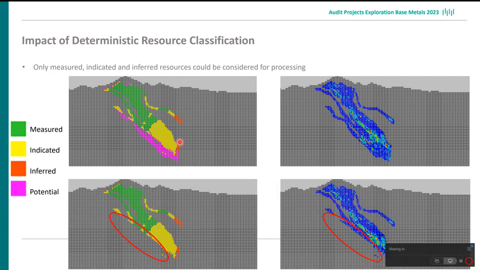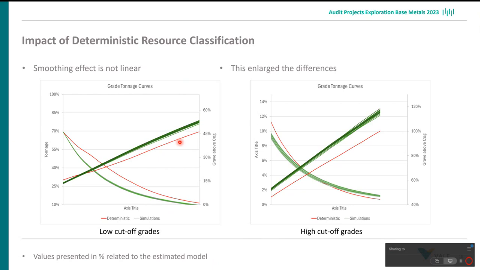But if we remove what was classified as potential, so we only look at what's measured, indicated, and inferred, we have something slightly different. Before, the breakpoint was around this part of the graph, but now we can see some stretch, which means that the smoothing effect was not linear, and not considering some parts enlarges this difference in the smoothing effect.